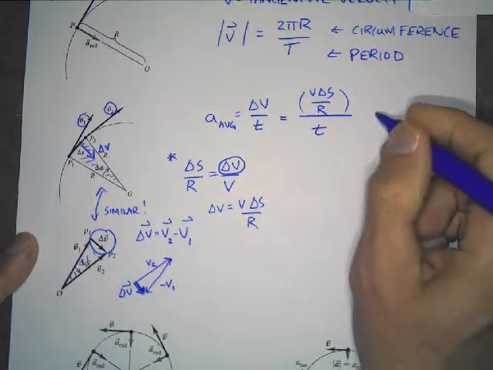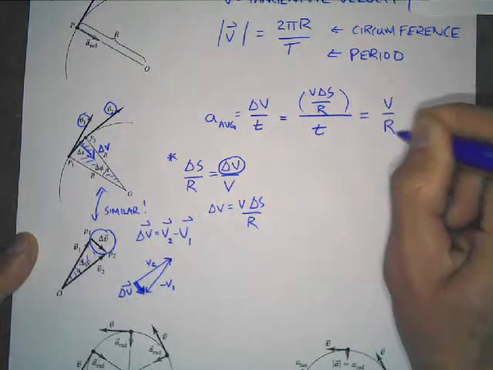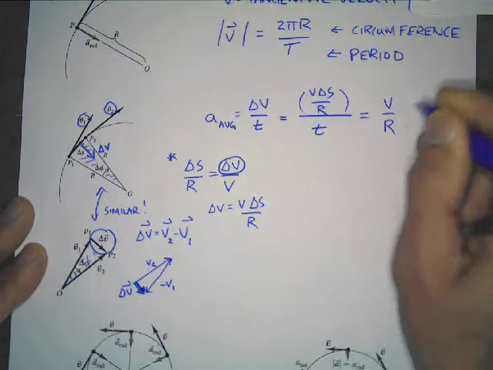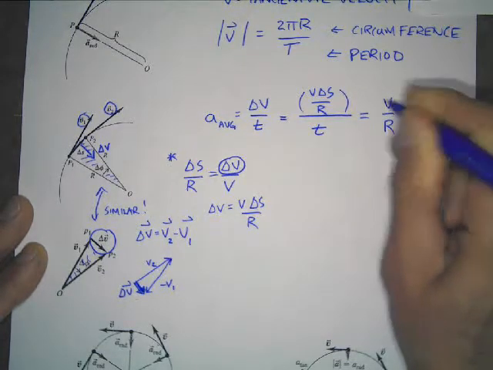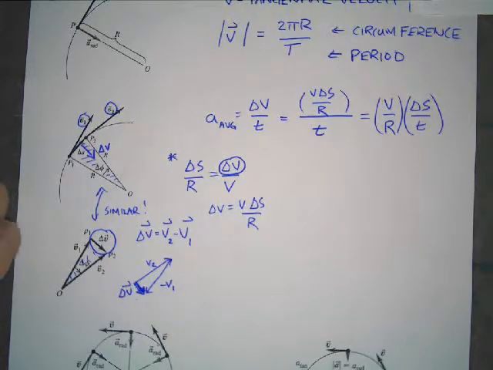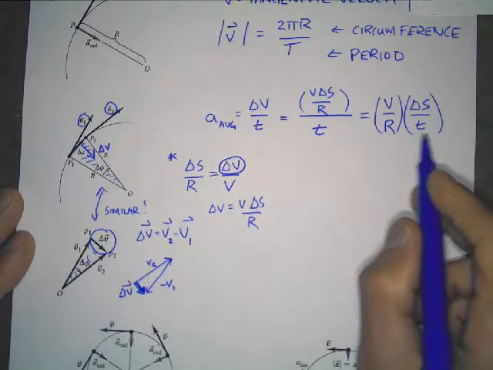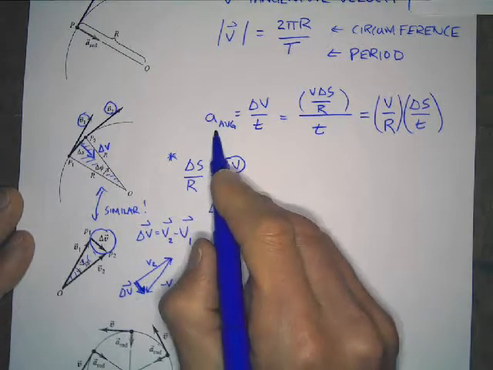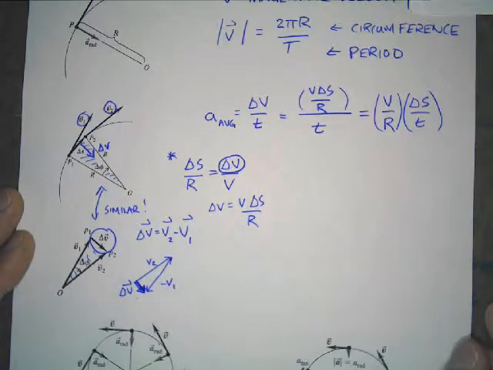And then I'm just going to simplify this, and I'm going to have V over R, pull that out, times delta S over T. And so that's going to be what our expression is for the average acceleration from point 1 to point 2.